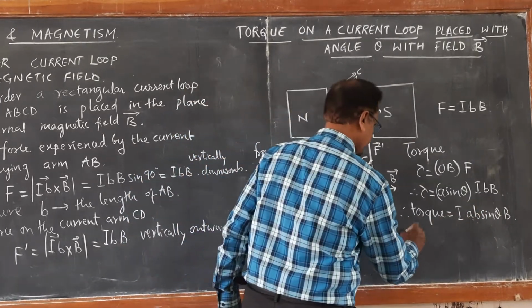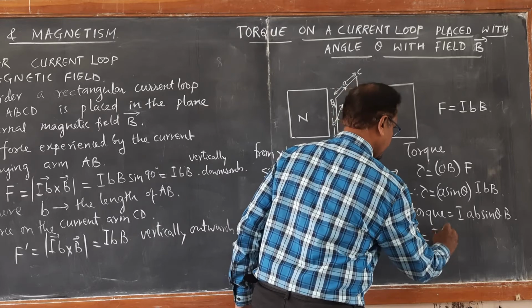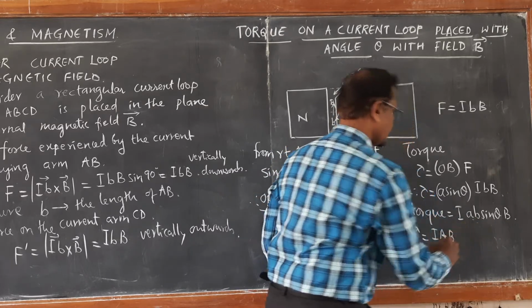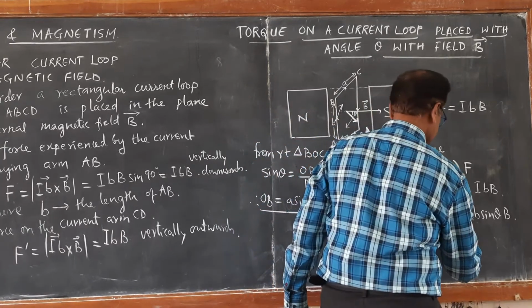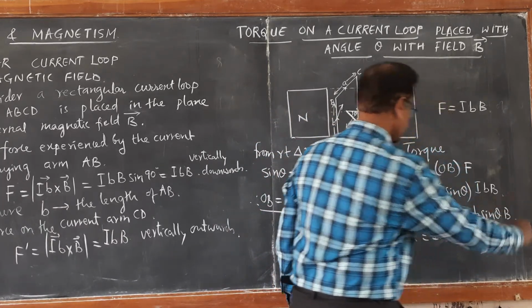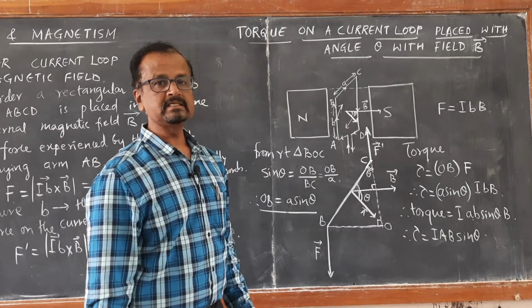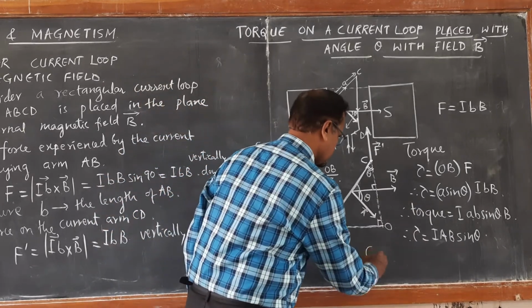Therefore I can write torque tau is equal to IA into B, let me take this B as the magnetic field, into sin theta. Thus now I can write the torque in its vector form, because torque is a vector.